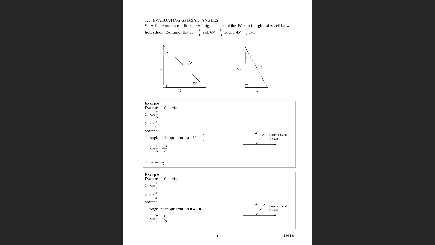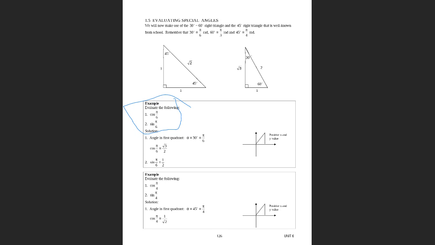Now, when you are asked to evaluate angles like this, you always have to find what we call the reference angle.